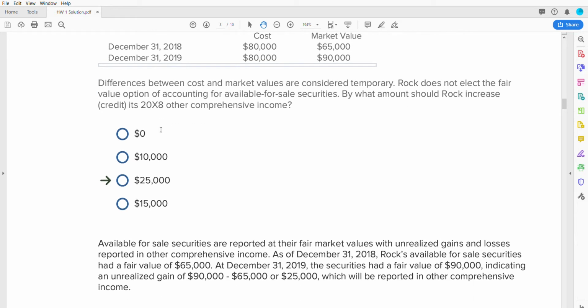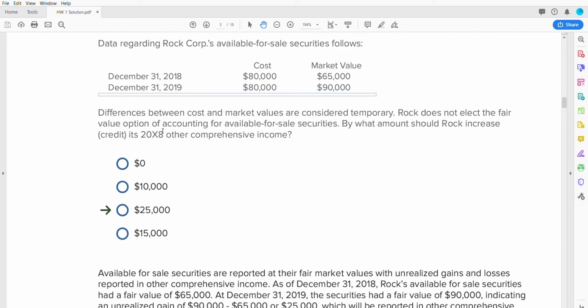So I will update that on the homework, make sure everybody gets credit. Assuming the question is asking about 19, not 18, going from 65 at year-end 18 to 90 at year-end 19, the difference would be 25, right?